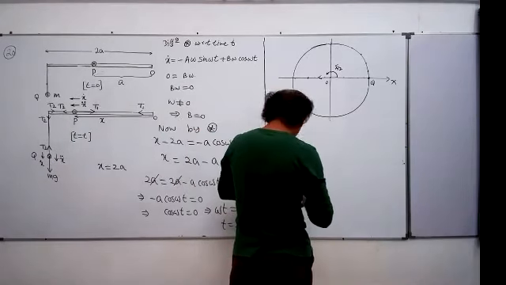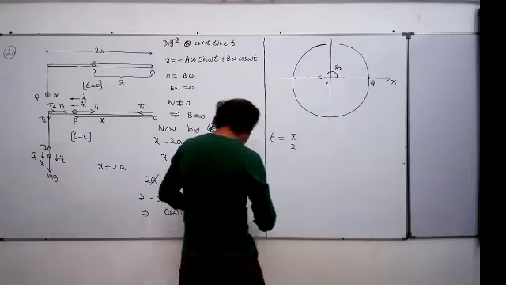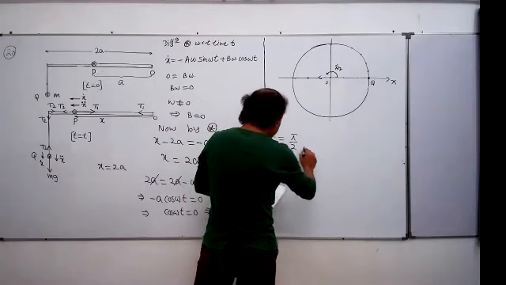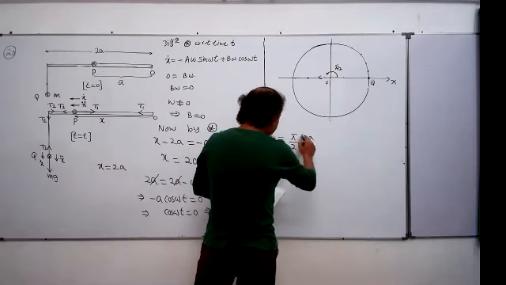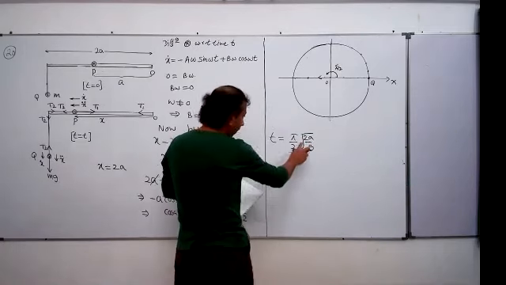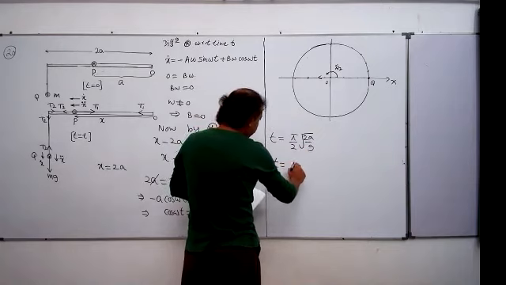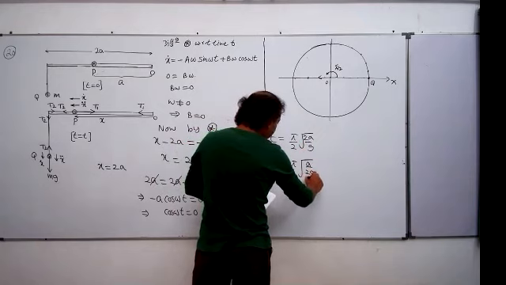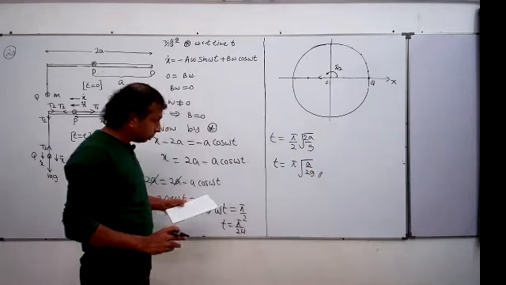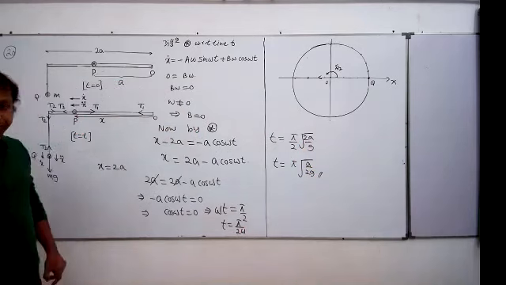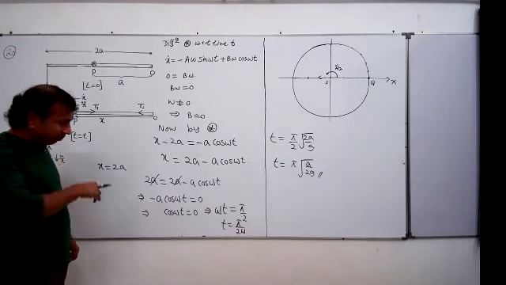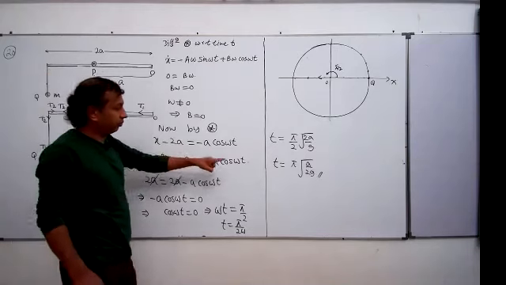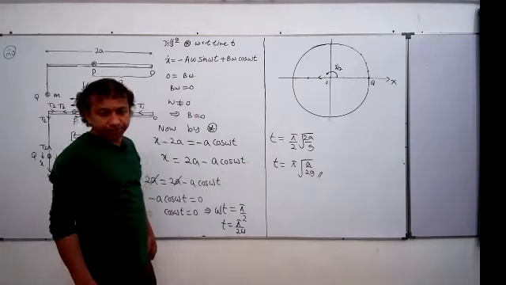Then we get pi by 2 times root of 2a by g, and cancelling this and this, we get pi root of a upon g. This is the time. Therefore, particle P takes this much time to reach the edge.